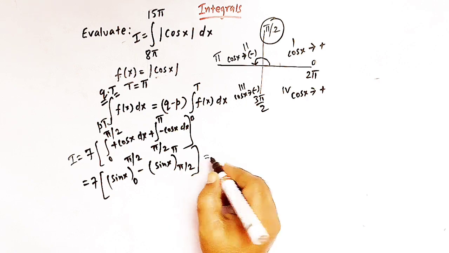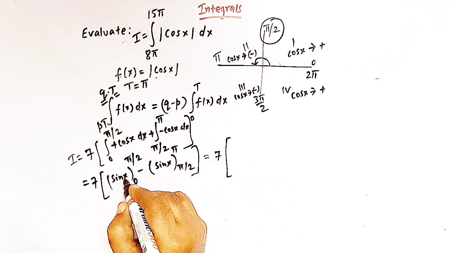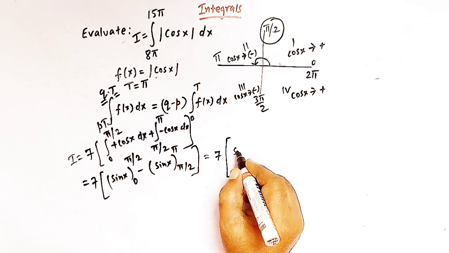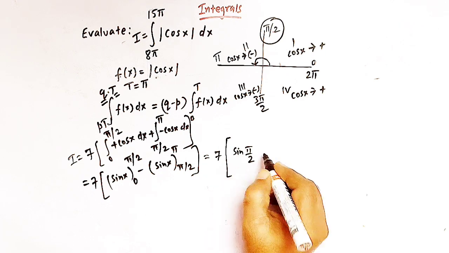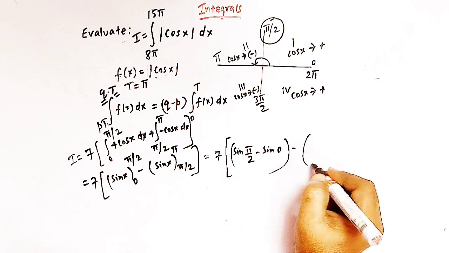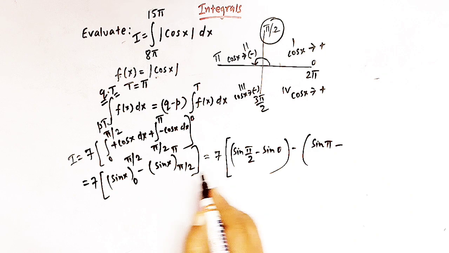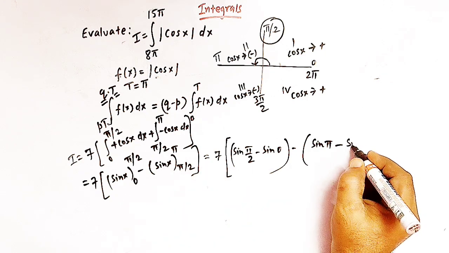So now let us simplify it. We have 7. The first will take here x is equal to pi by 2. So we have sine pi by 2 minus sine of 0. And then we have sine of pi. And then we have sine of pi by 2.